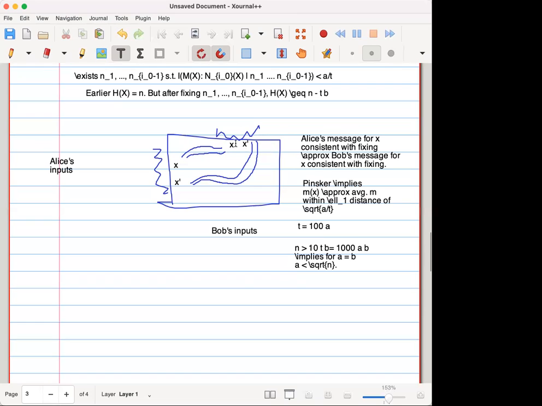And similarly, the same thing for the same X, X prime for Bob. So you see that there's one Markov here, one Markov here, and I want 2 X and X prime where Alice's messages are almost the same and Bob's messages are almost the same, and then you are done.